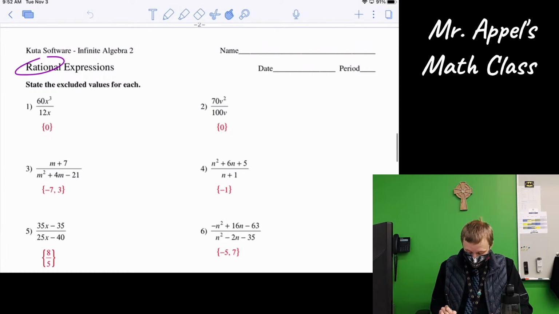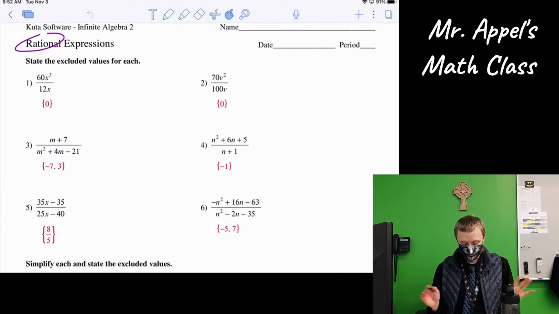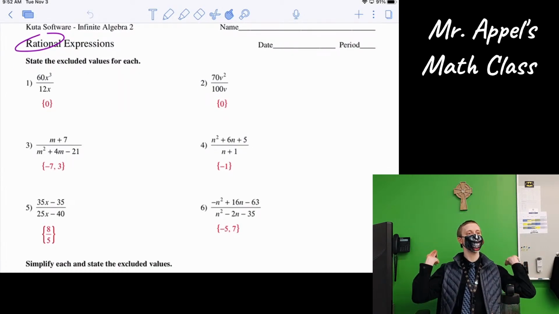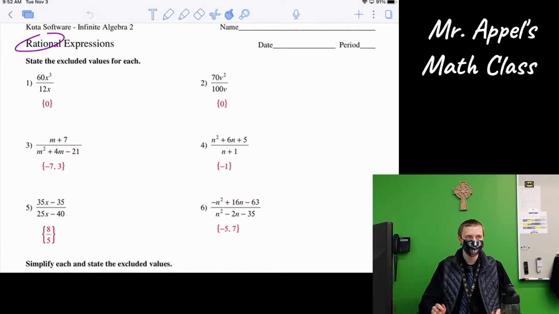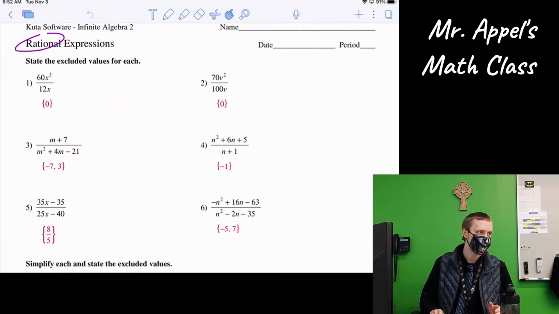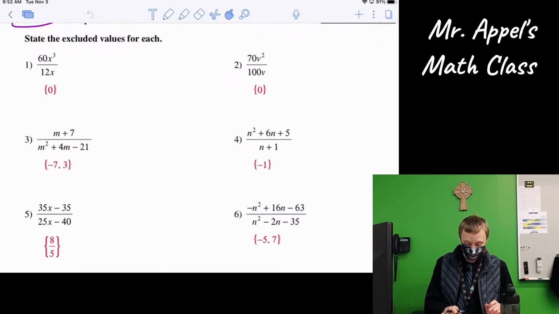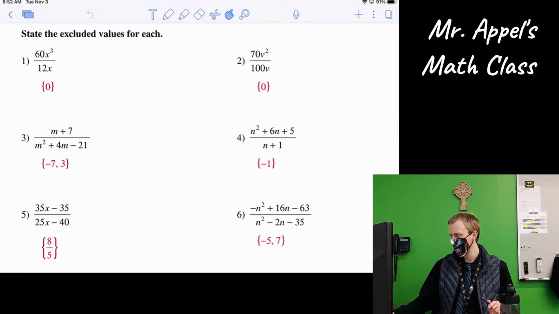So here we have, remember the first 6 were just asking for the excluded values. Which values can we not let the variable be equal to, because then we would be dividing by 0. So there are the first 6.